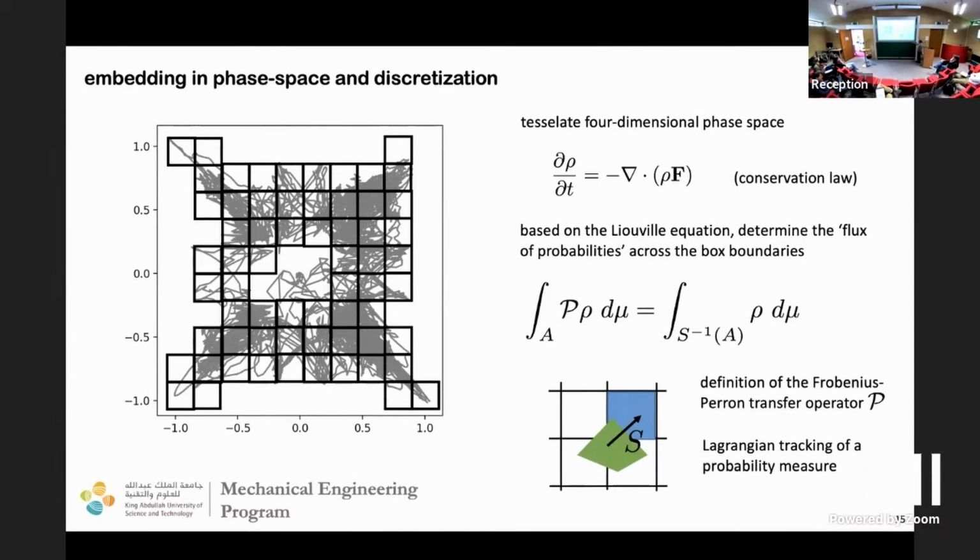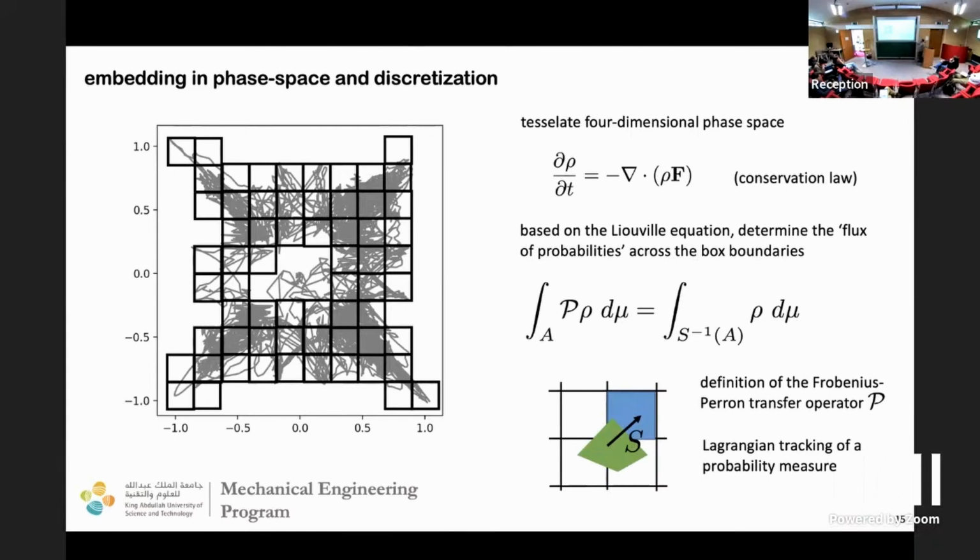Okay? So this is S getting us from here to there, S inverse getting us back. So this little piece here moved into the A. Okay? So now we want to have a transfer operator that maps us from here to there, discretized in our finite volumes.